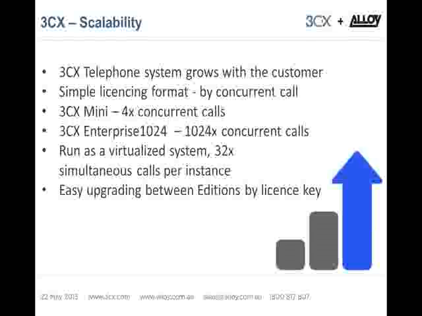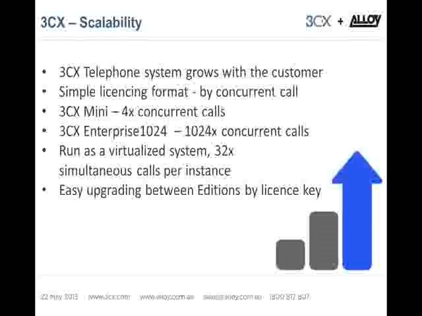Now, as I stated before, all you need to do to upgrade from one edition to another is change the license key. Depending on the server that you're running your system on, if it only has a small amount of memory or a small processor, and you want to move from, say, a small business edition all the way up to an Enterprise 128, then you may find that you have to change your hardware.